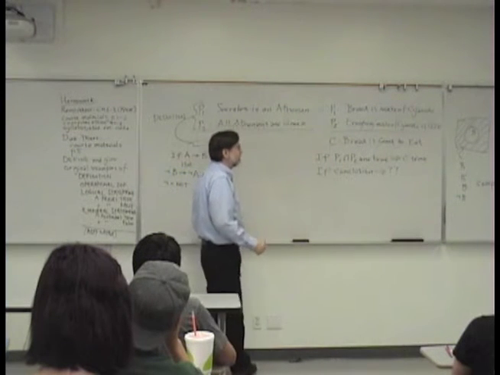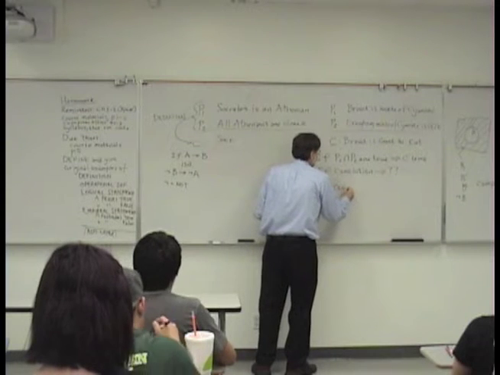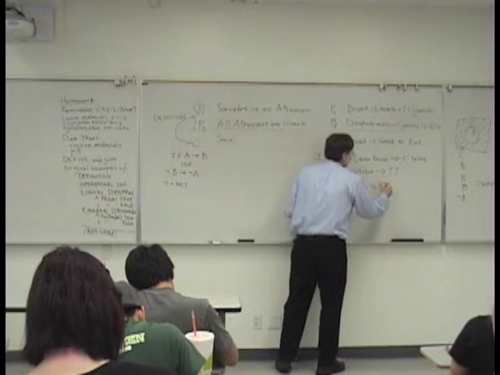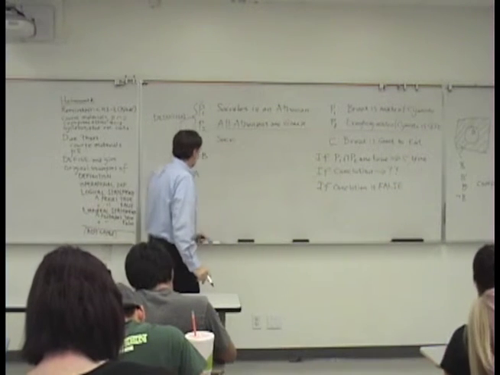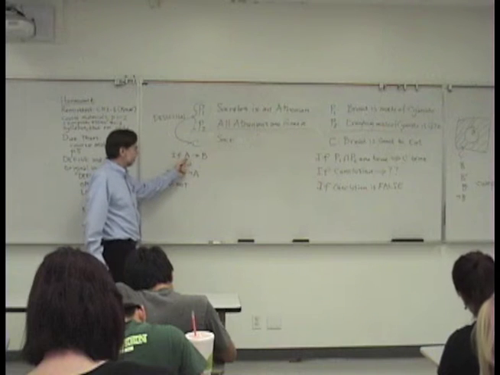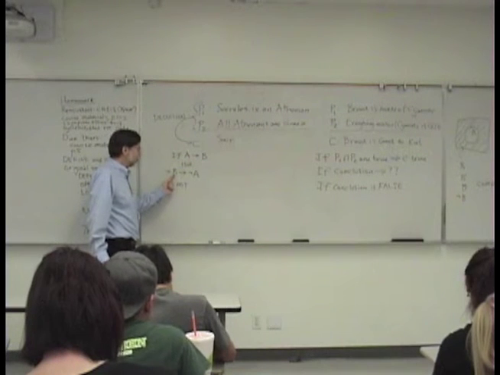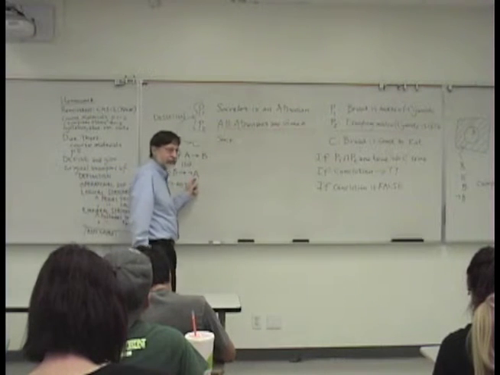But if the conclusion is false, what do we know? So if the premises are true, then the conclusion is true. If the conclusion is false, that means that the premises can't both be true.